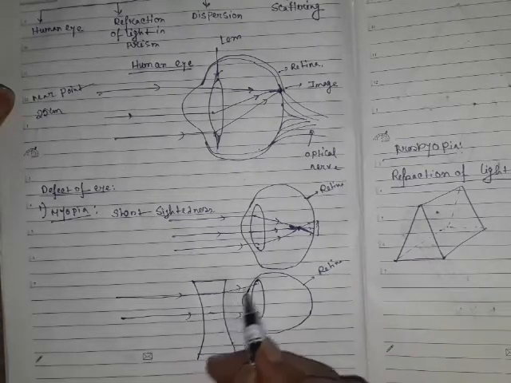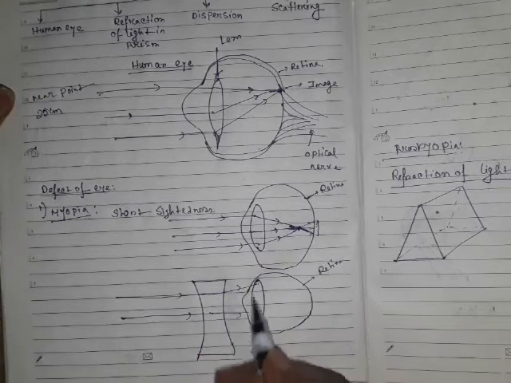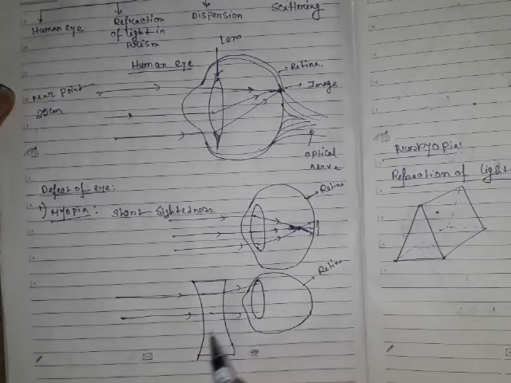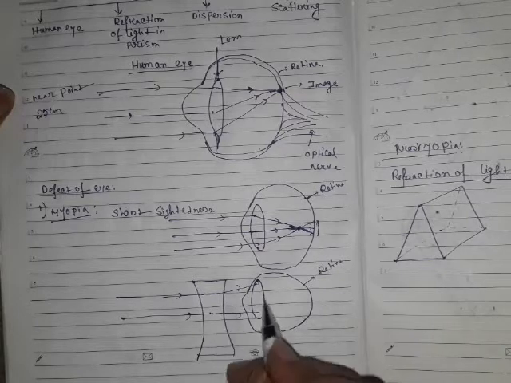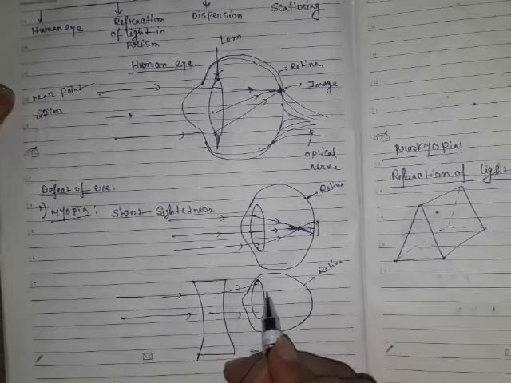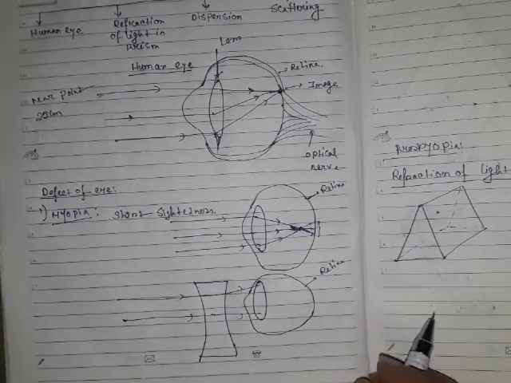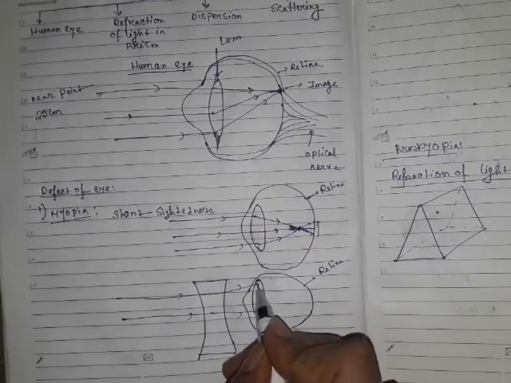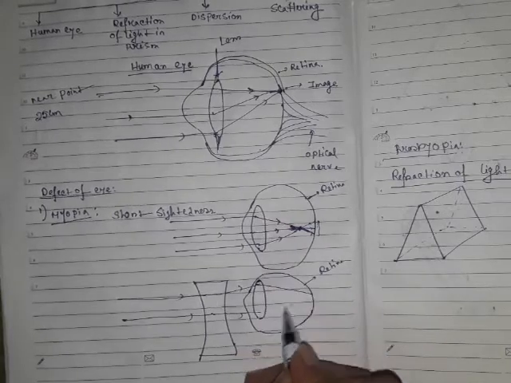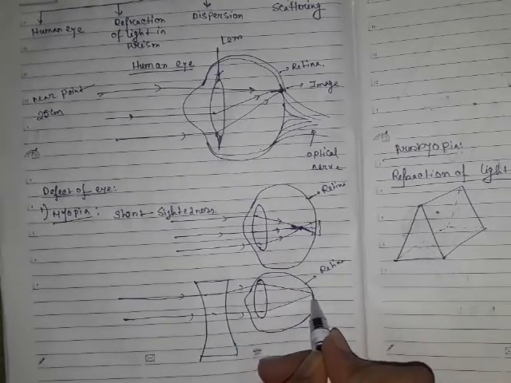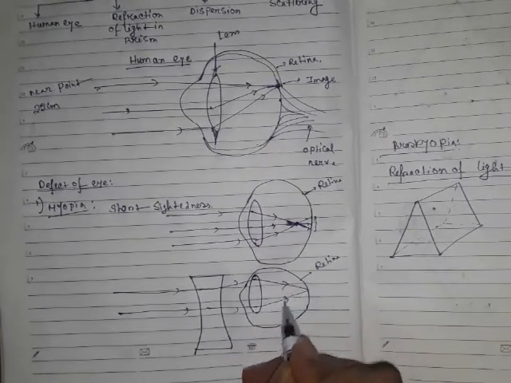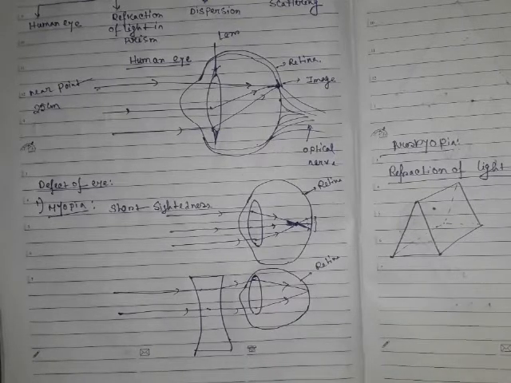Now the rays are diverging, and this divergence is accomplished by the concave lens, so the eye lens will face some difficulty in converging the rays. Now the image will be formed exactly on the retina, so there will be a sharp image on the retina.